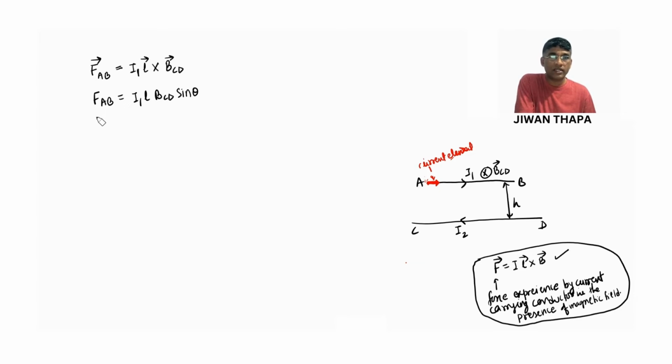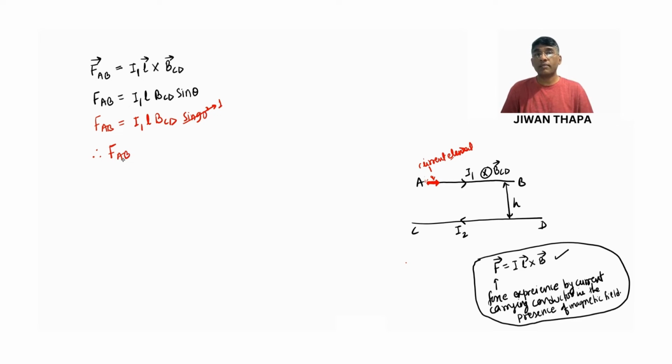Therefore we can write FAB equals I1 L BCD, and we know theta is 90, so sine theta gives 1. Therefore the force experienced by conductor AB equals I1 L BCD. And what is the value of BCD?